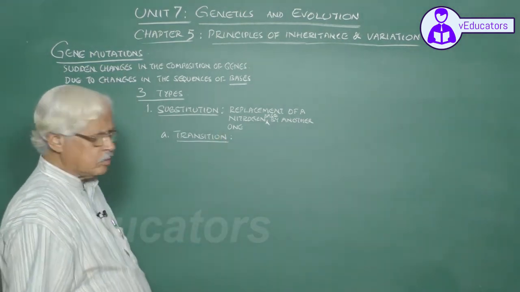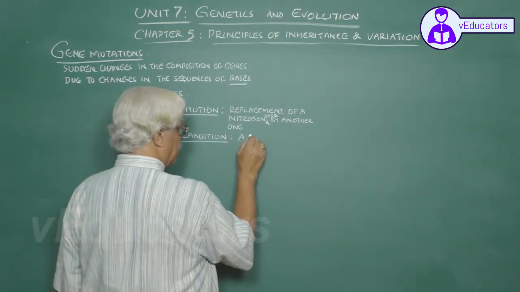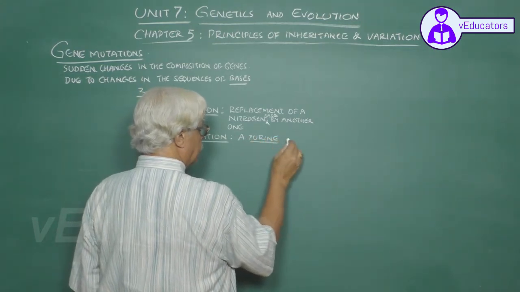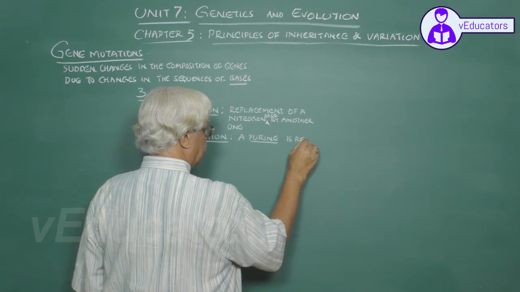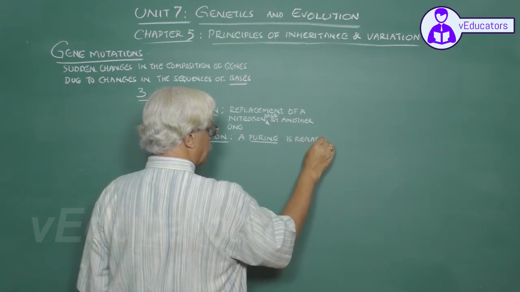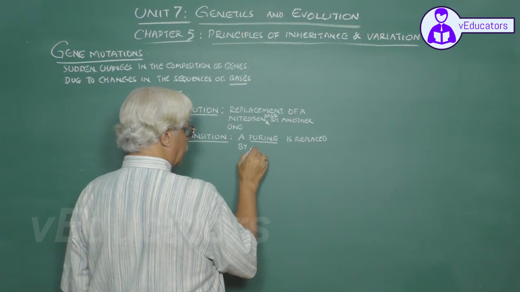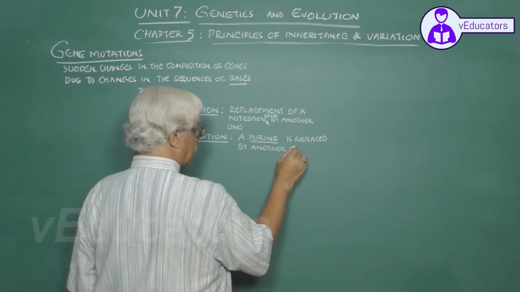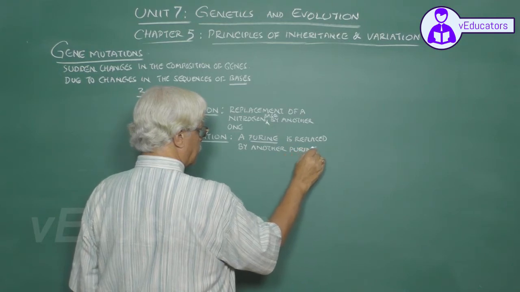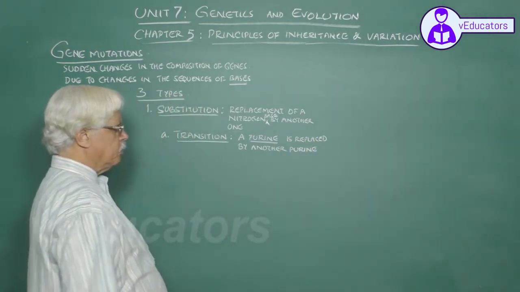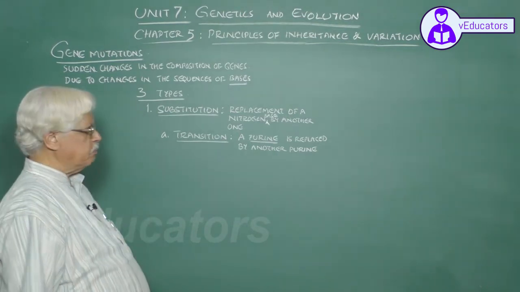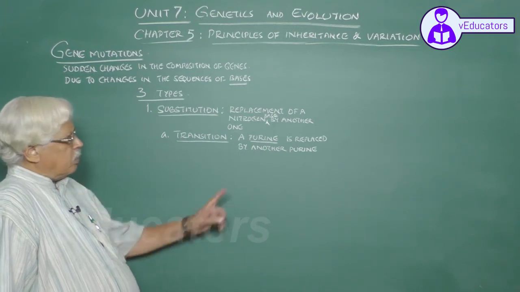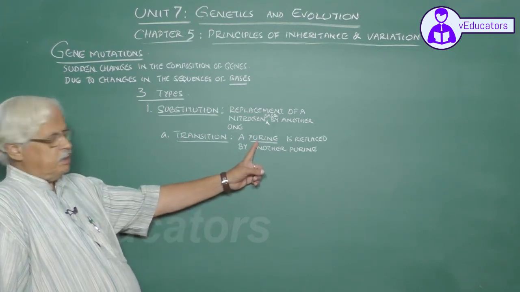Here a purine is replaced by another purine. For example, we know that adenine and guanine are purines in the nitrogen bases.